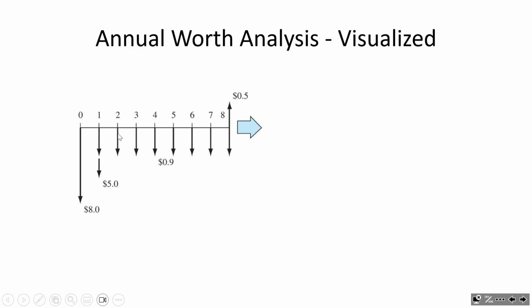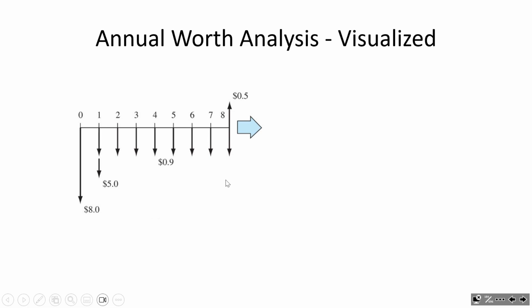And then there's $0.9 million of operation and calibration expenses. And then at the end of the item's useful life, we have some minor, minuscule salvage value that we get from selling the equipment or scrapping it.